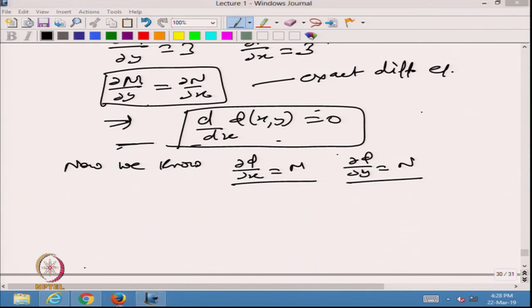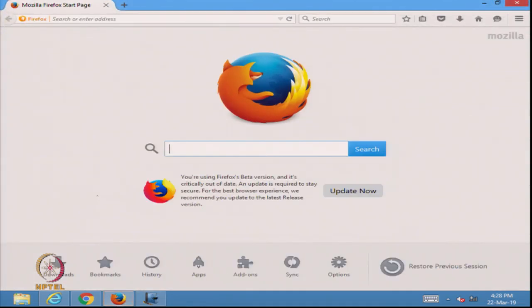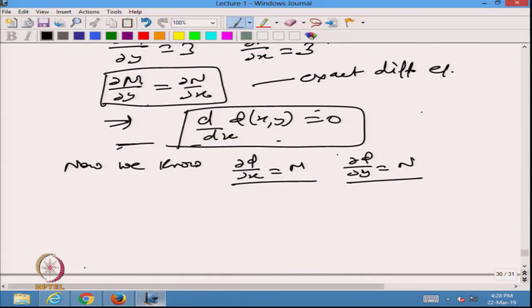So, now I have del phi by del x, and my M is e^x plus 3y. That is given to me. Now, I integrate both sides with respect to x.